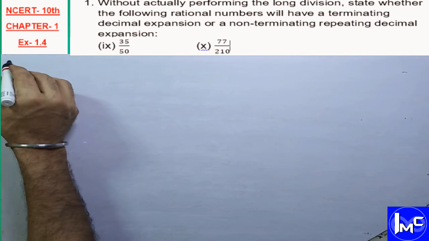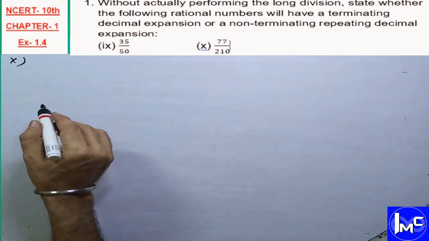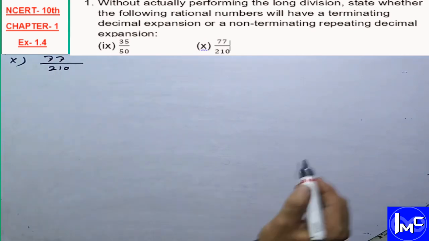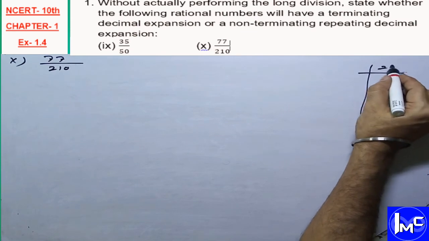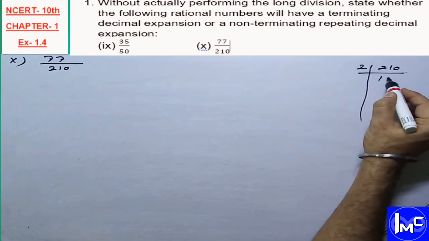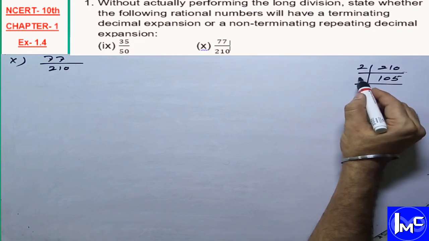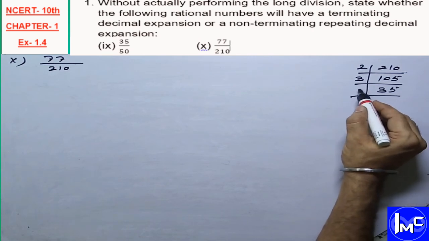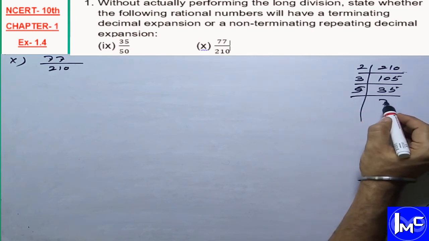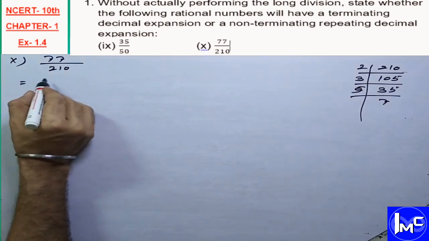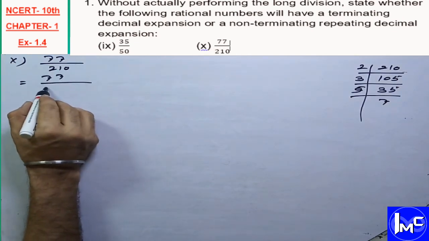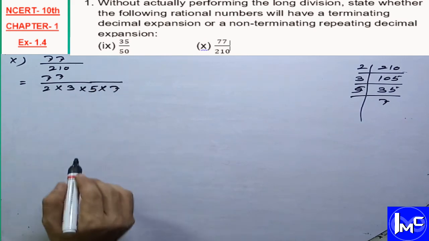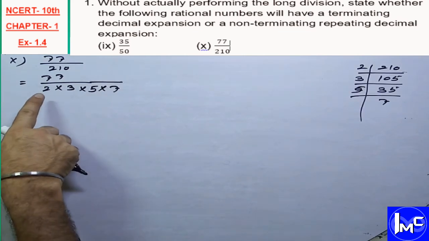And last question is question number 10, 77 over 210. Again, we shall use prime factorization. 2 1 0 5, 3 3s are 9, 5 3s are 15, again 5 7s, and it will become 2 into 3 into 5 into 7. And there are a lot of factors except 2 and 5.